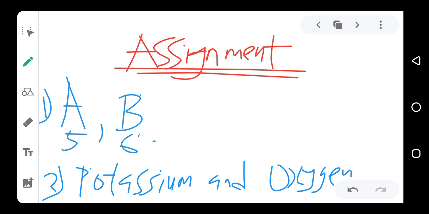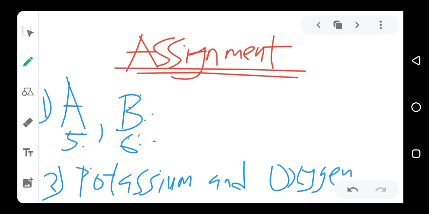Here 5 is the valency, that is why I wrote it under A, and B 6 is the valency, I wrote it under B. It's not a subscript, it is written under it to show that this is the valency of it.